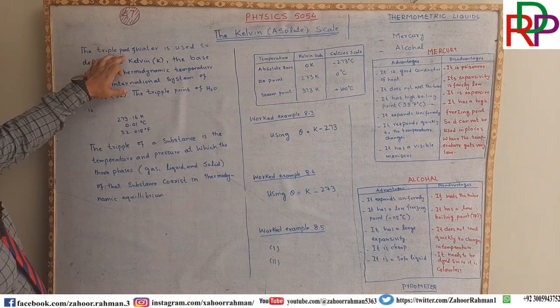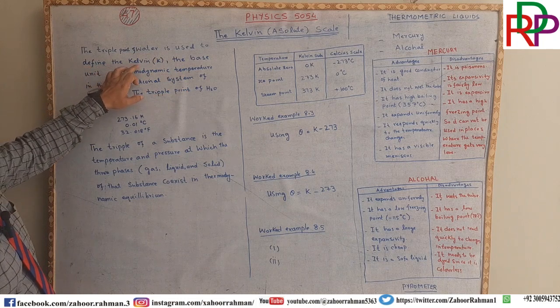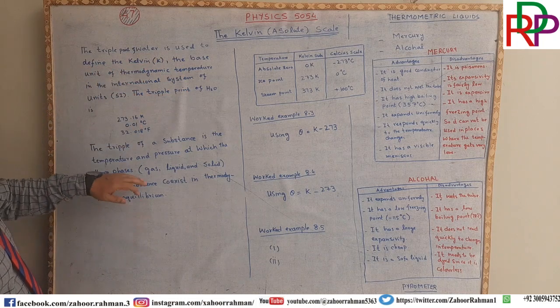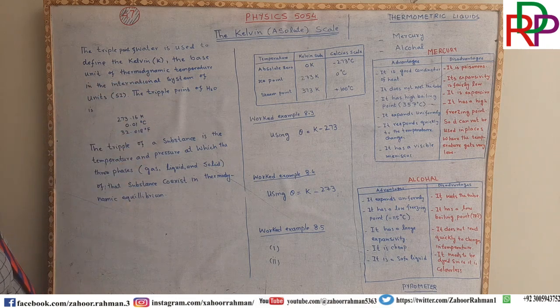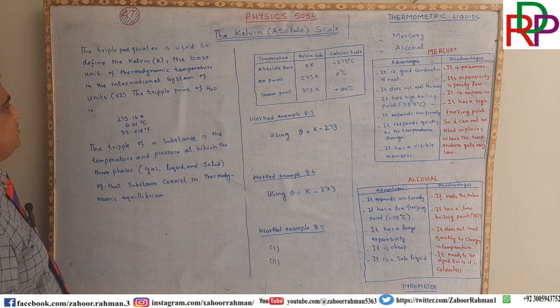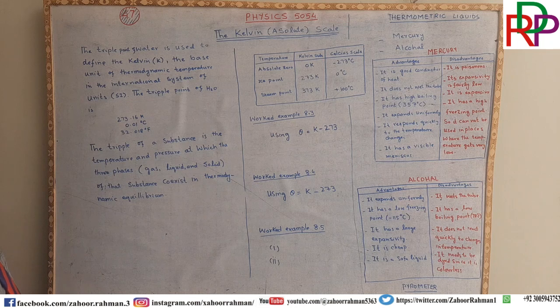The triple point of water is used to define the Kelvin, the base unit of thermodynamic temperature in the International System of Units, SI. As we discussed earlier, Kelvin is the SI unit of thermodynamic temperature.